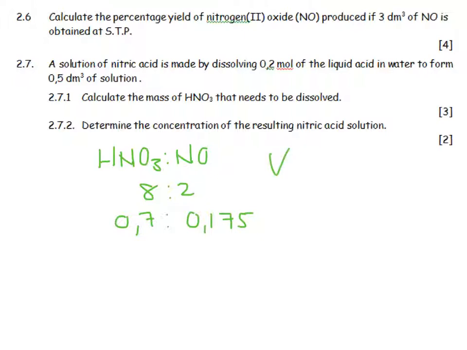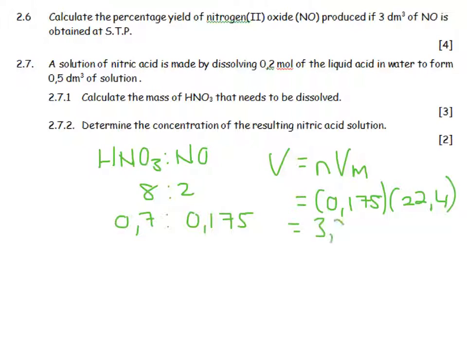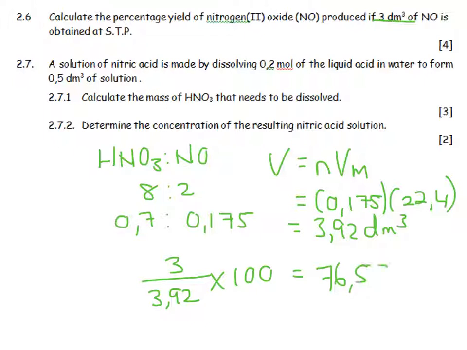So what volume should I get? Number of moles times molar volume, and I should get 3,92 decimeters cubed. But they tell me that I didn't get 3,92, I got 3. So 3 out of 3,92 times 100 is equal to a 76,53% yield.